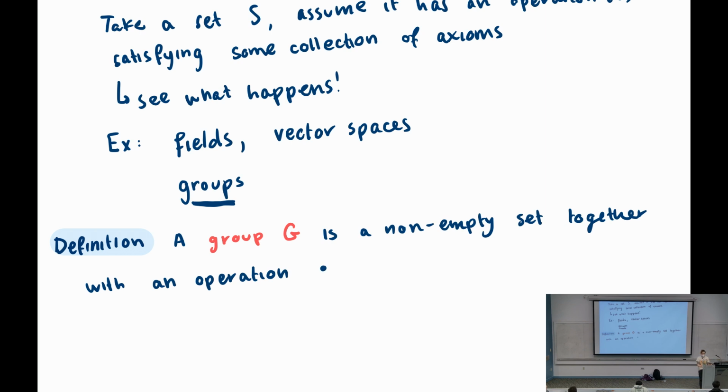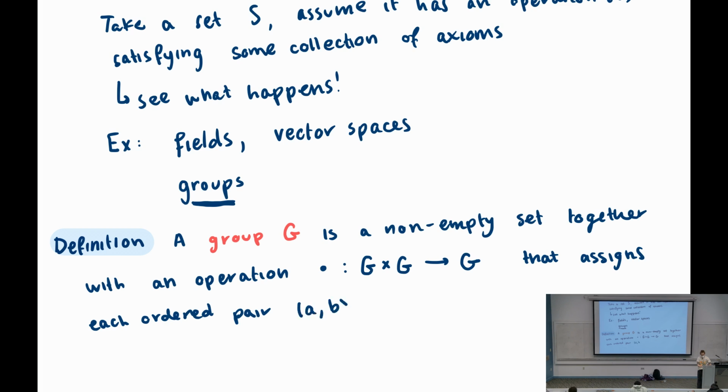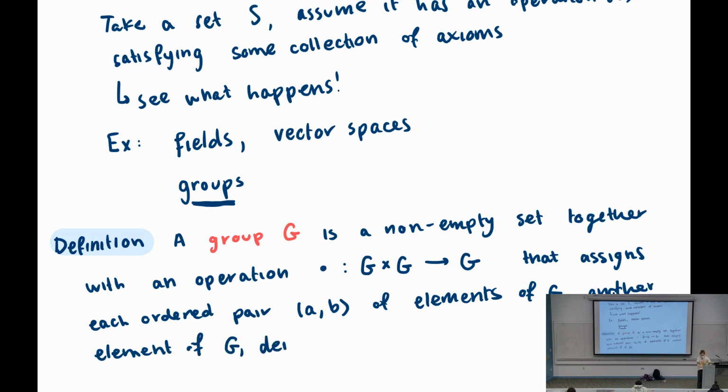It'll usually be denoted with a multiplication symbol, and this takes in two elements of G and returns you something else from G. It's usually called multiplication, that assigns each ordered pair, say (A, B), of elements of G another element of G. It's usually denoted A times B, or as an abbreviation, you can just, of course, write AB.